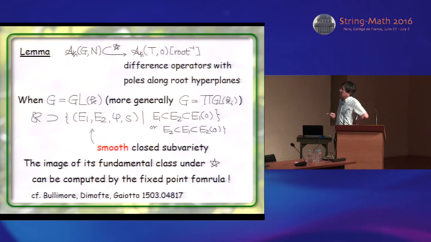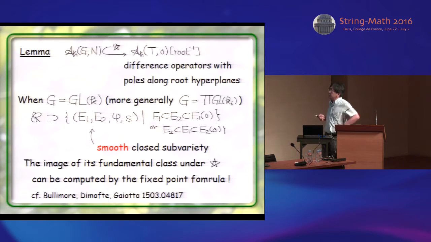I consider E1 as the sheaf of holomorphic sections, and E1 is a subsheaf of E2, and E2 is a subsheaf of E1 with poles at 0. This is the original definition of the Hecke correspondence for general linear groups.